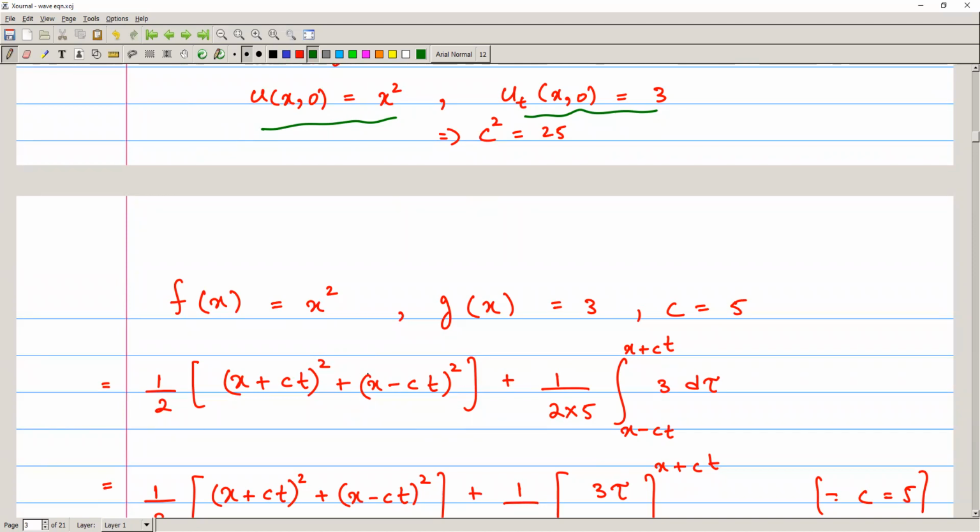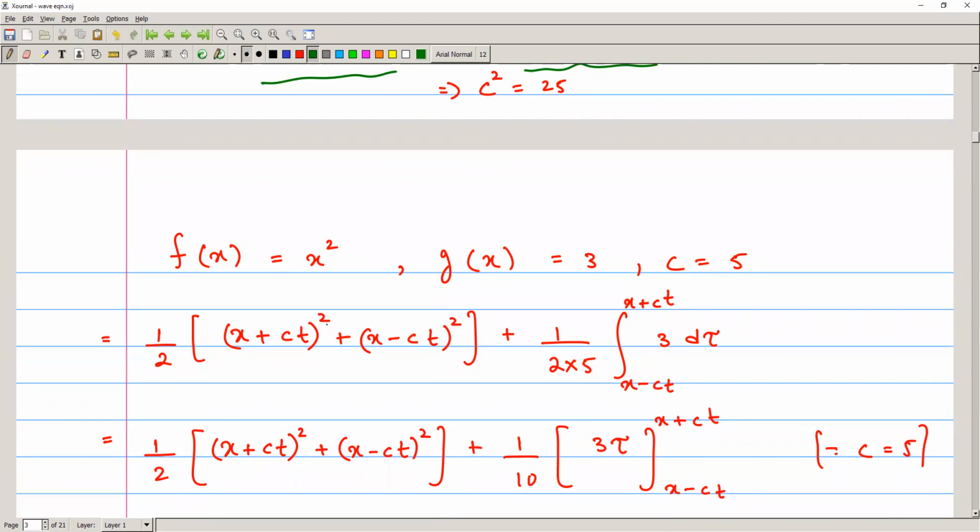We will plug these values in the equation. In the D'Alembert solution, x squared will be replaced by x plus ct squared, and x minus ct squared.